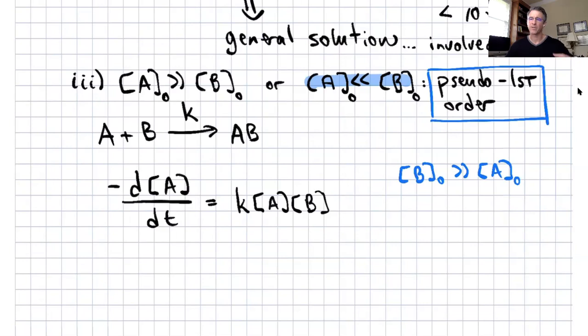If there's 10 times more B, and the molecularity of this reaction is written out as 1-to-1, at most it's going to be like a 10% change. And if you're higher than that, it's going to be even less. So under these conditions, when this is true, the concentration of B is approximately constant.